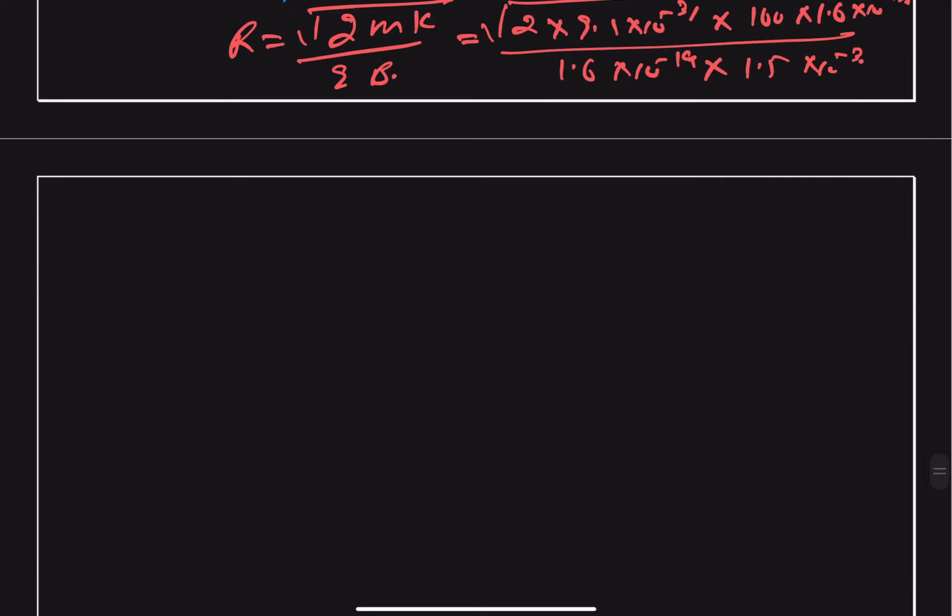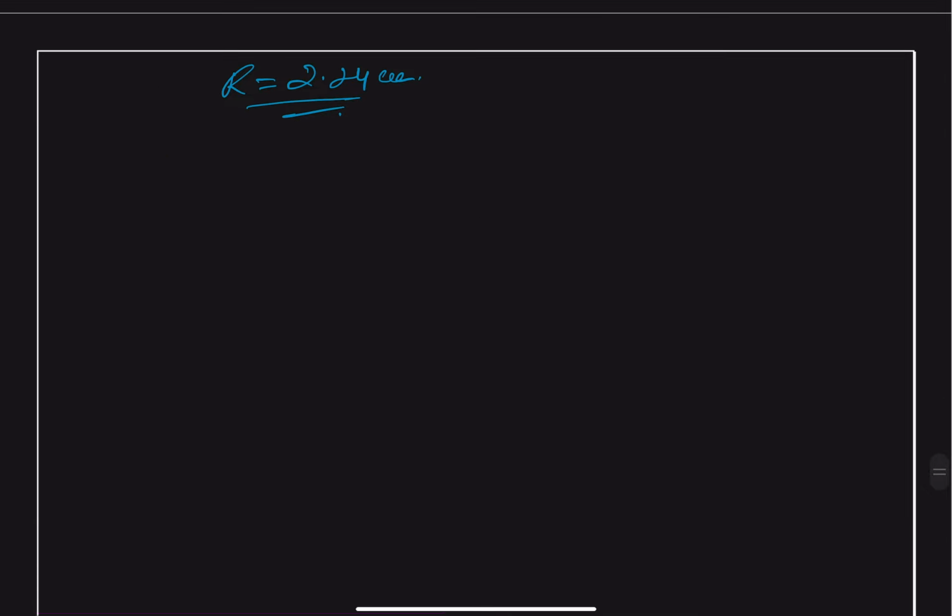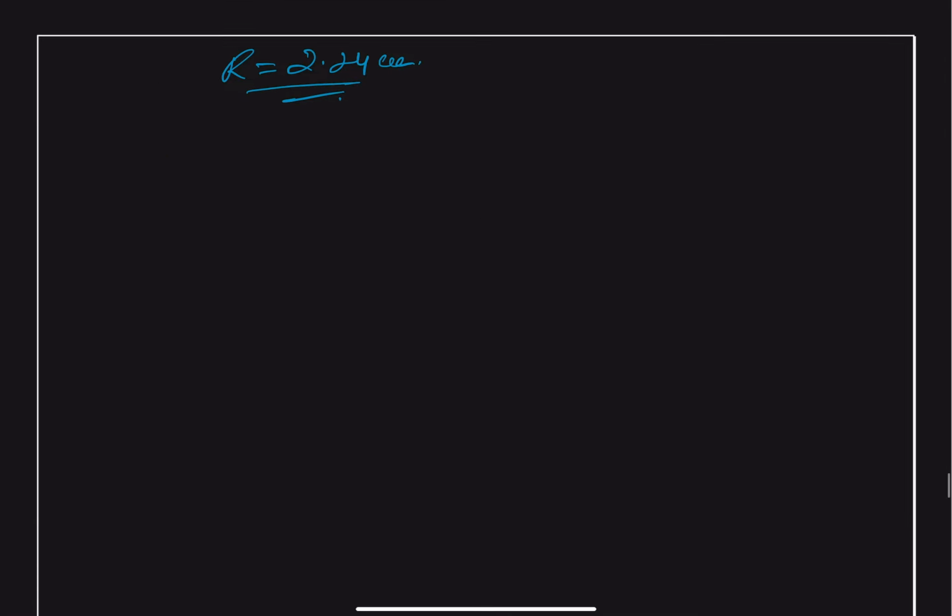So this gives us that the radius is approximately 2.24 centimeters. Now we can easily find out our sine of theta. So we get sine of theta is 2 upon 2.24, which is 0.89.